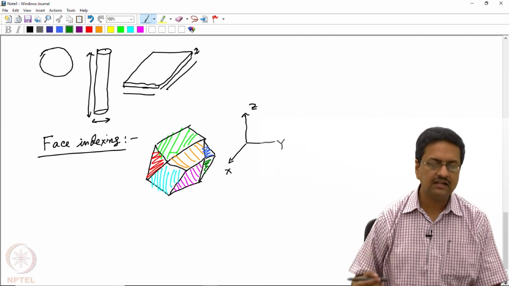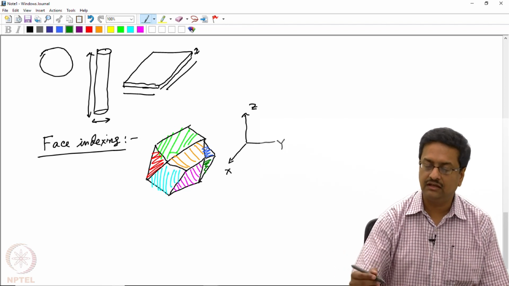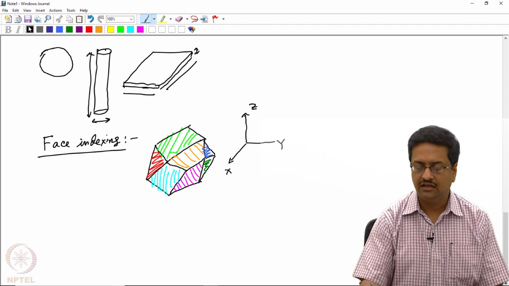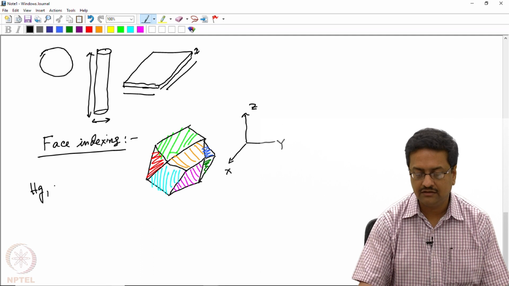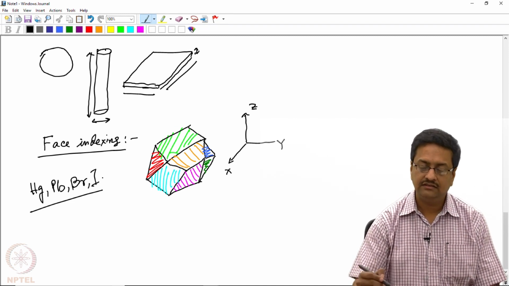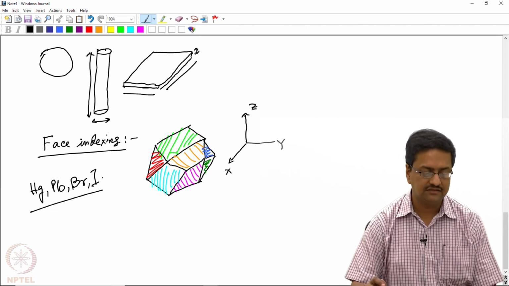This type of correction is done very rarely, only if we encounter a situation where we have irregular shaped crystals having heavy elements like mercury, lead, bromine, iodine, etc., and also having large sized crystals.